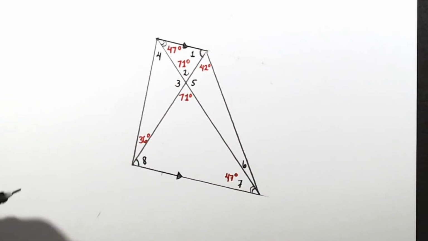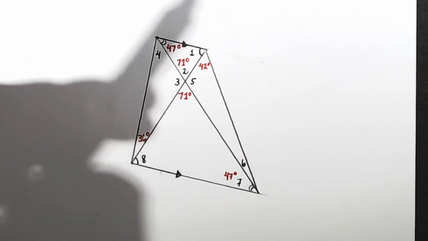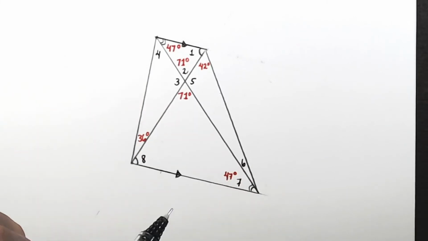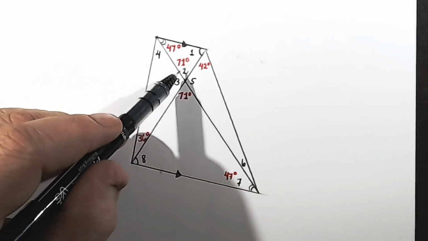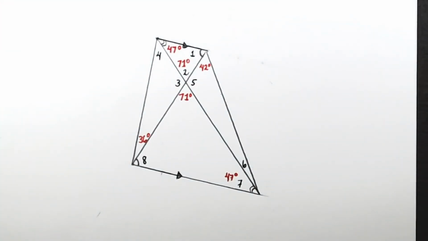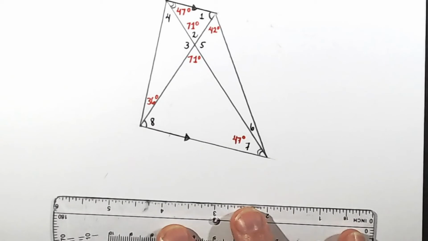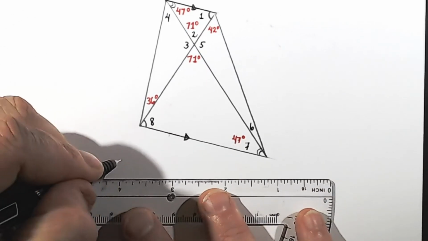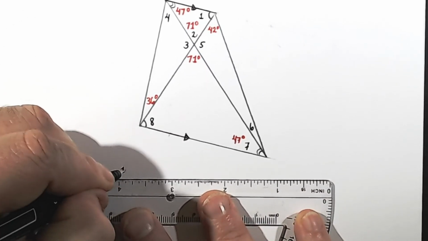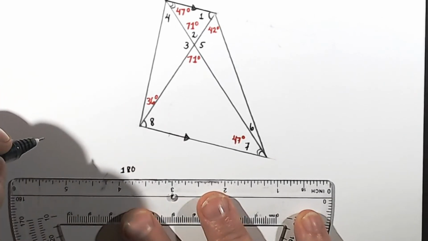So how will we find angles 3 and 5? Well, we only need to find one because they're equal to one another. How would we find angle 5? Well, angles 2 and 5 form a linear pair with one another. Okay, they're cut by this line. So they are supplementary. That means they add up to 180. So down here in side work, we simply need to subtract 71 from 180, and we'll have angle 5, which means by vertical angles, we'll have angle 3 as well.